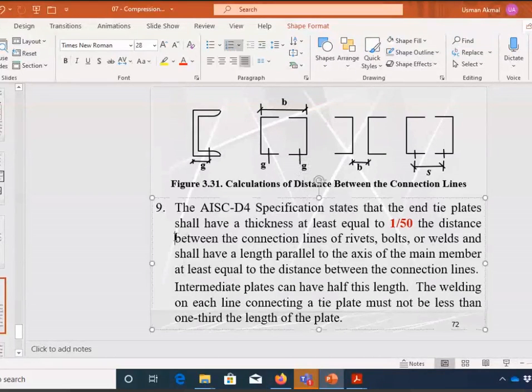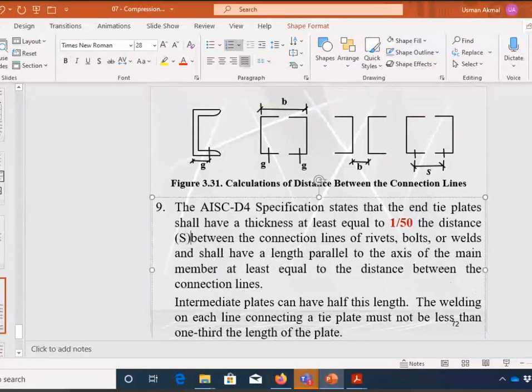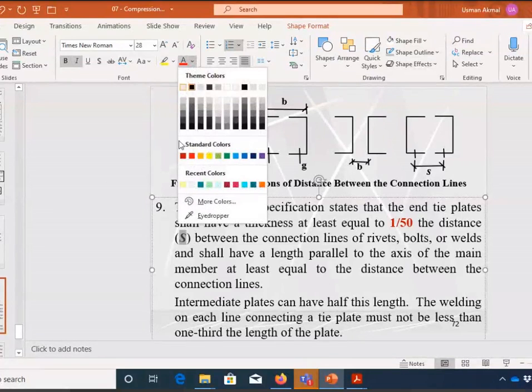So this distance actually is the S value. Let me write the S value. So S by 50, so the thickness is S by 50.